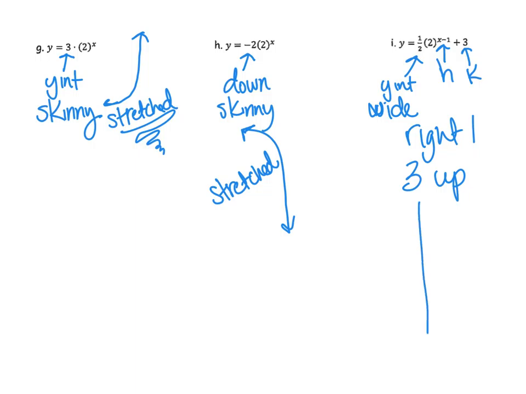I'll do my normal graph in black. Okay, like that. So now if I'm going to shift, let's do a different color. If I'm going to go right 1 and 3 up, it's going to be like, three up and right 1.